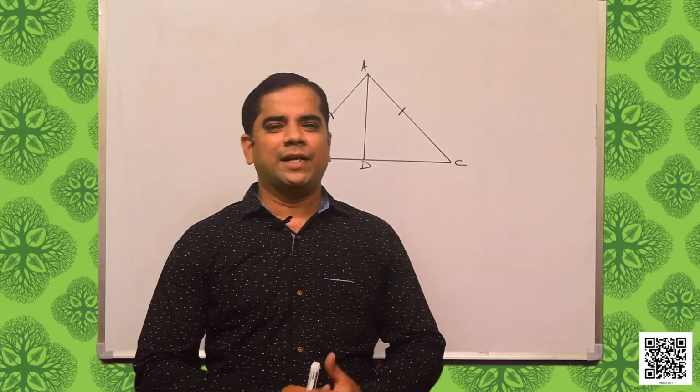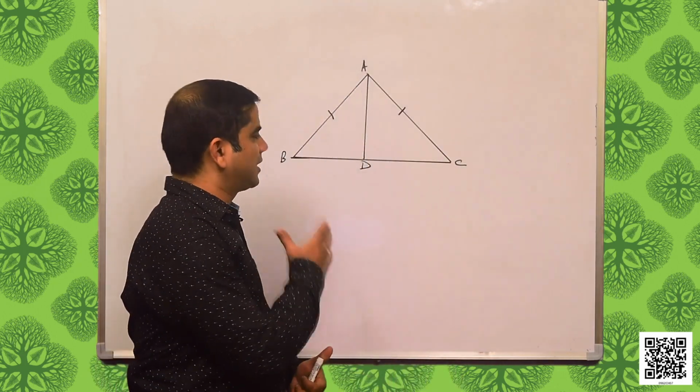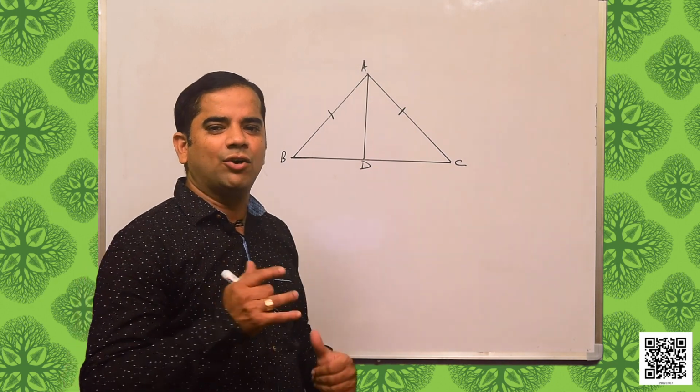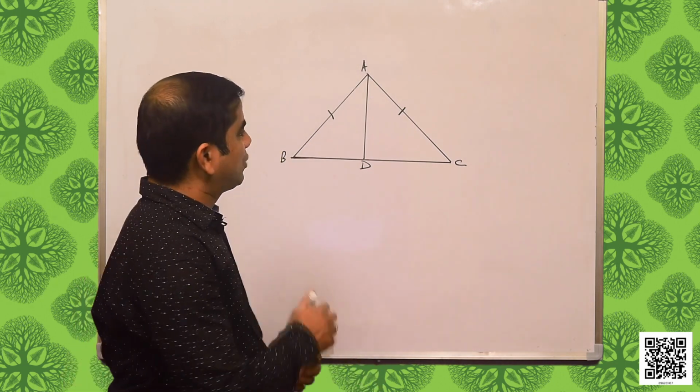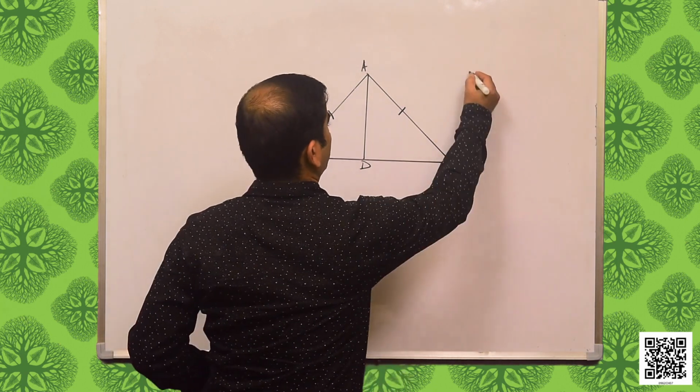This result can be proved in many ways. One of the proofs is how we are going to do it, and that is also given in your book. So, let us do it. Students, I have constructed a triangle ABC as given in your book, and as per the data given, AB is equal to AC.